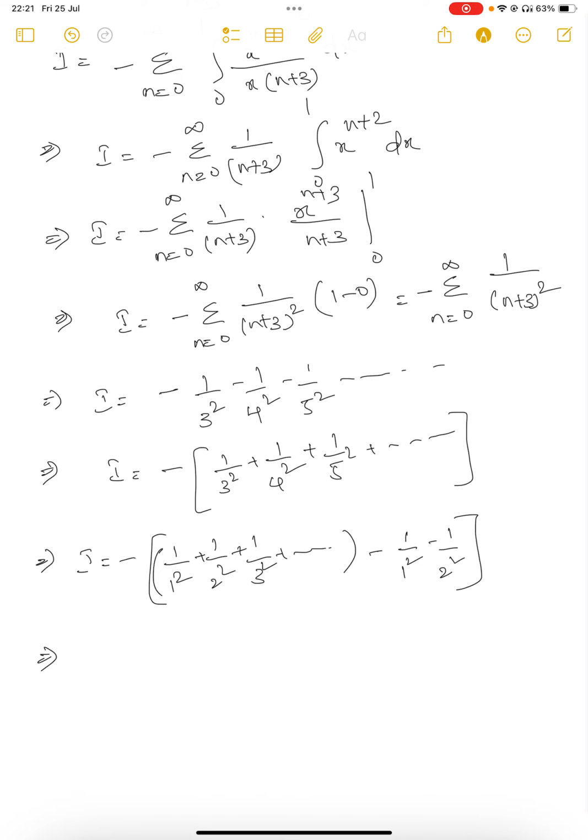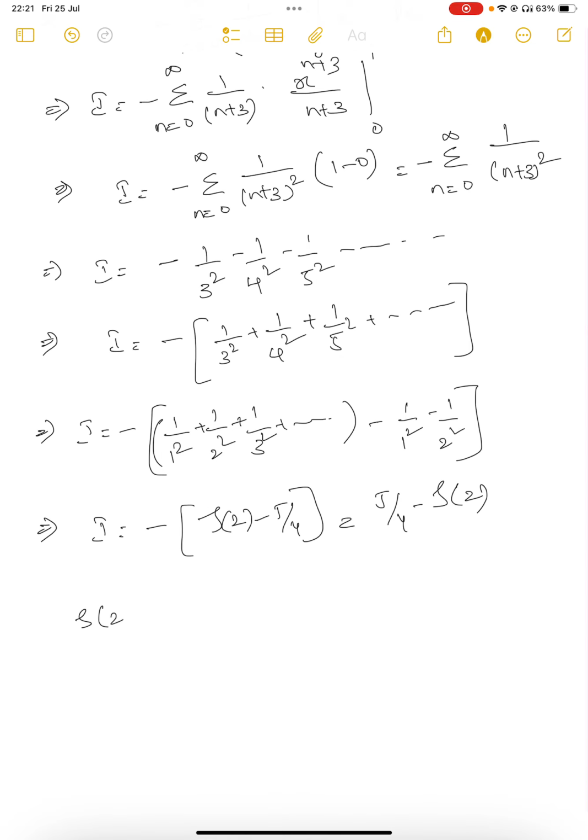Then this value will be I equal to minus of, this is the Riemann zeta function of 2, minus 1 by 4 minus 1. This will be minus 5 by 4. Then this will be 5 by 4 minus Riemann zeta function of 2.